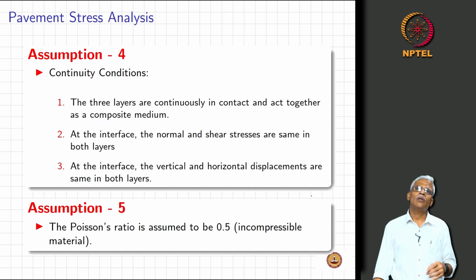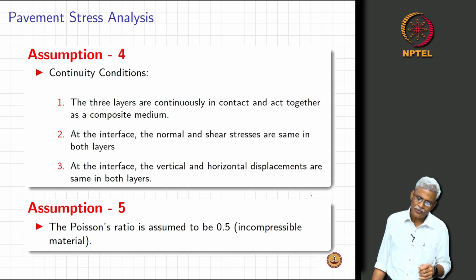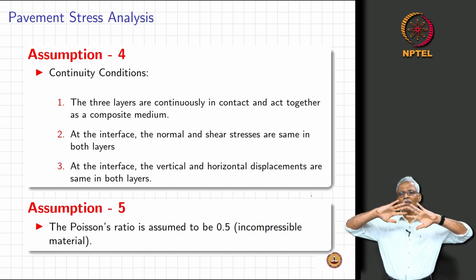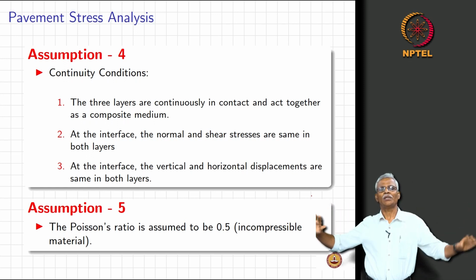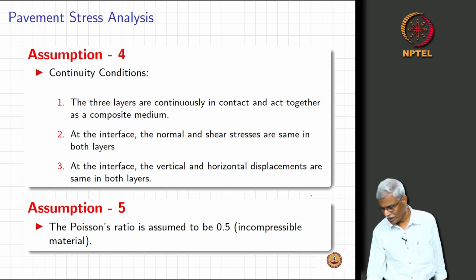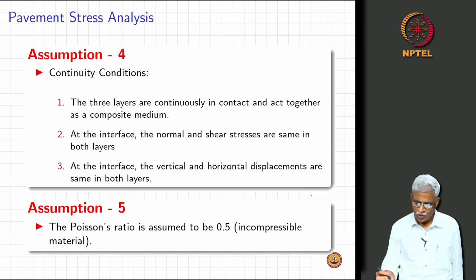Now, when you take a look at the continuity conditions, there are 3 layers, they are continuously in touch with each other and they act together as a composite medium. So, what does that mean?